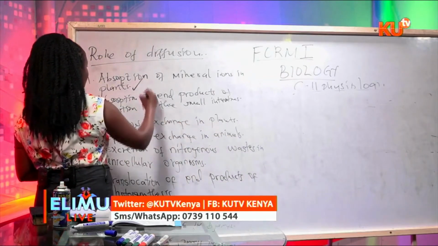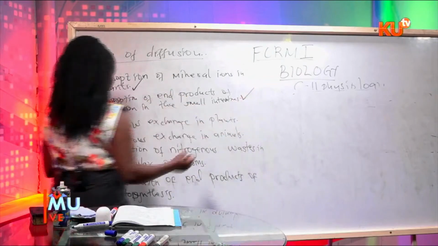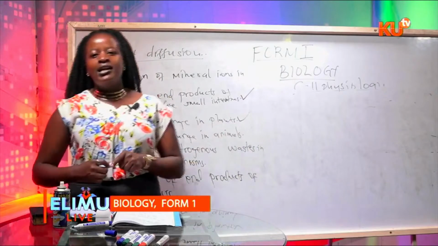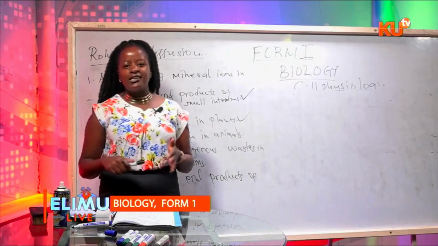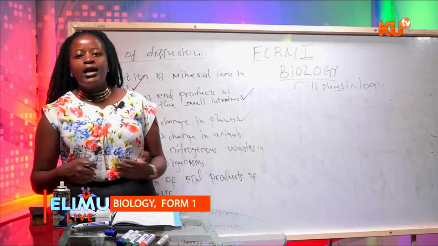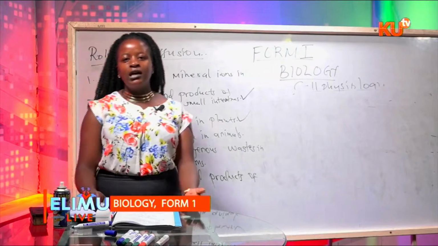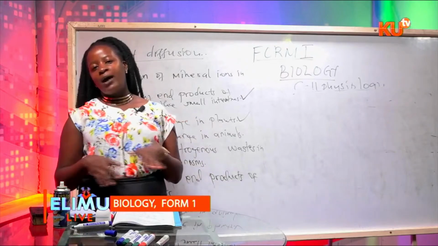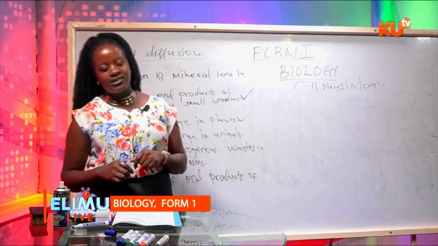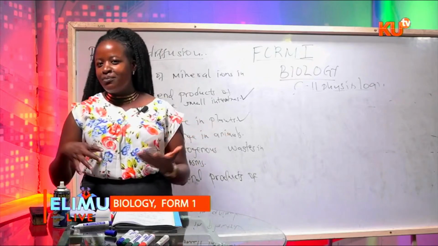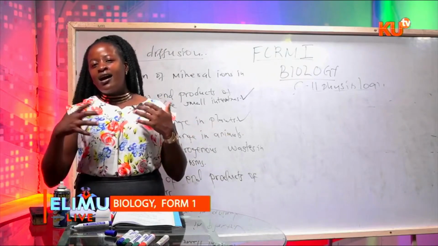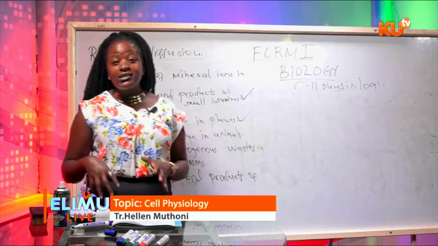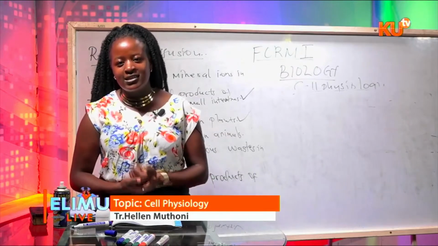Another function of diffusion is that it aids in gaseous exchange in plants. Gaseous exchange is the process where respiratory gases, oxygen and carbon dioxide, pass across respiratory surfaces. Now, gaseous exchange in plants, during the day, the plants take in carbon dioxide gas, which they use for the process of photosynthesis.